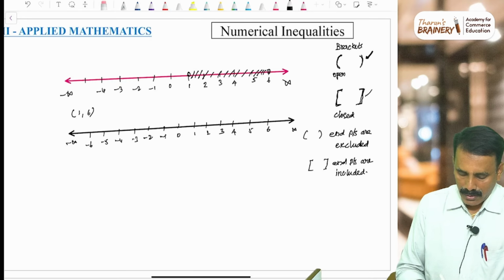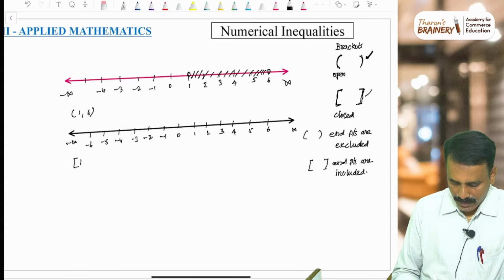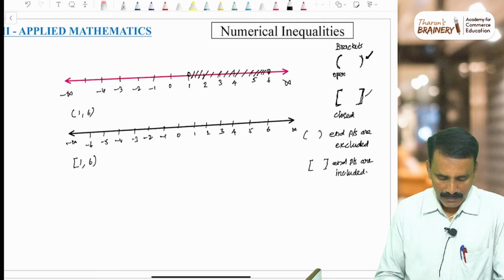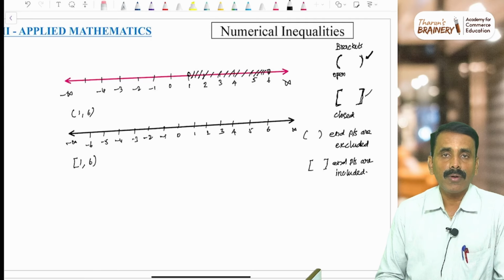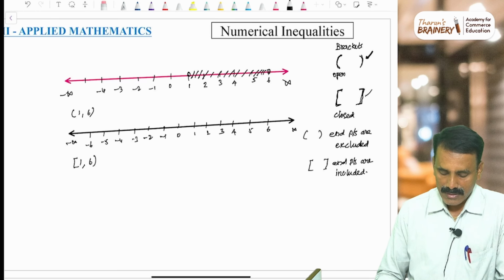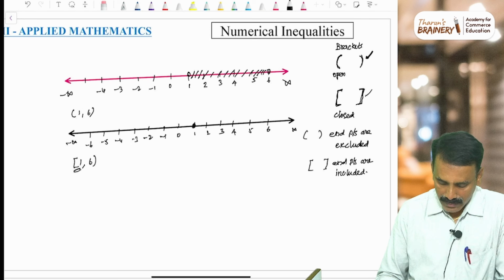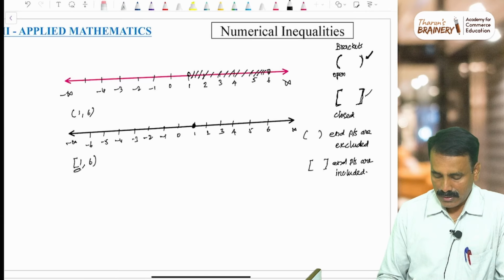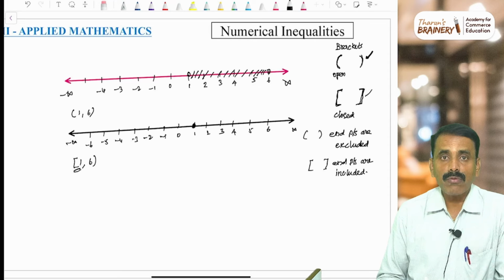Okay. Now I am going to consider closed 1, open 6. The interval is going to include the number 1 and it is going to exclude number 6. So how to represent this in the real number system? In that real number system, we are going to include 1, correct? So we draw a shaded circle, which means that point is included, and 6 is not included, it is an open interval.